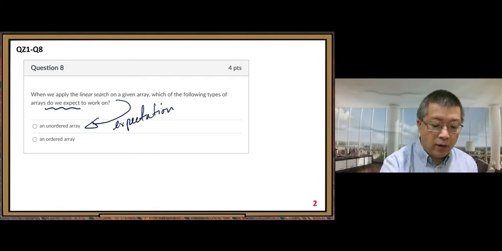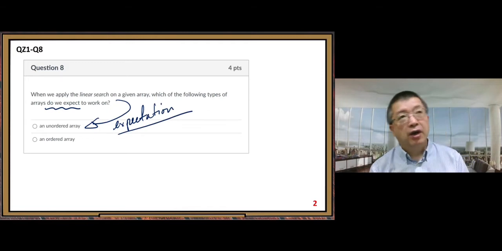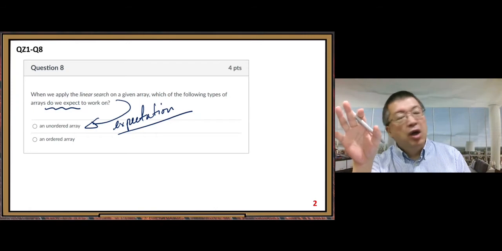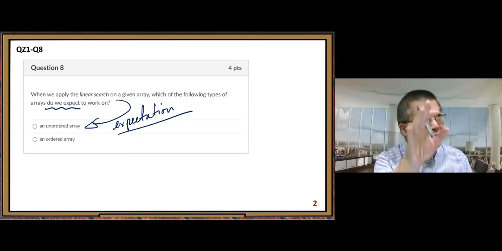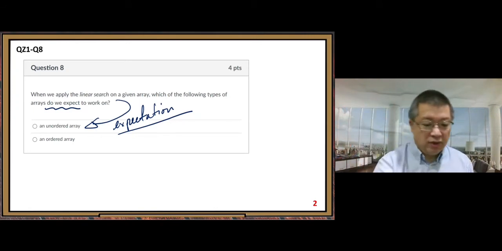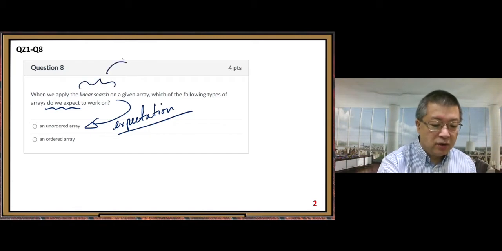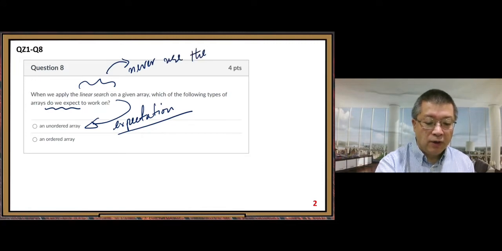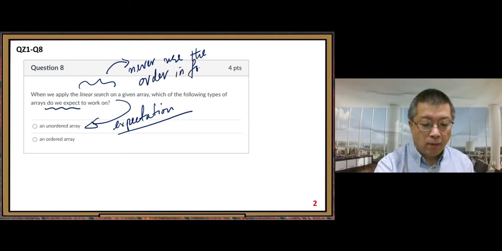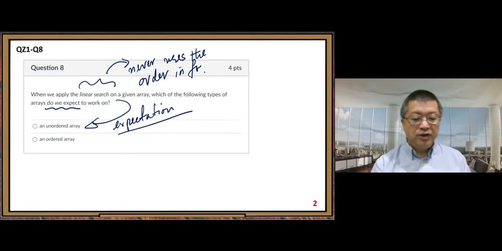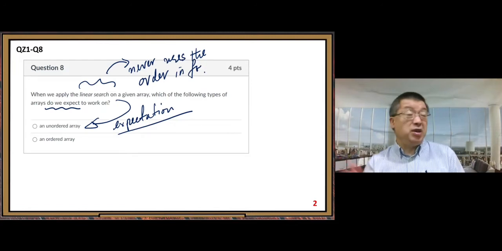Why is our expectation here? Because when you design the linear search, you never use the order information. Linear search never uses the order information.